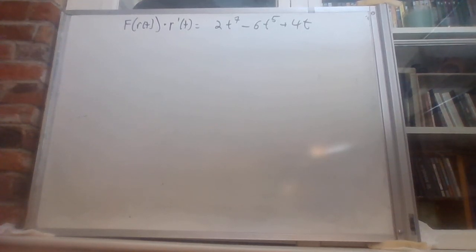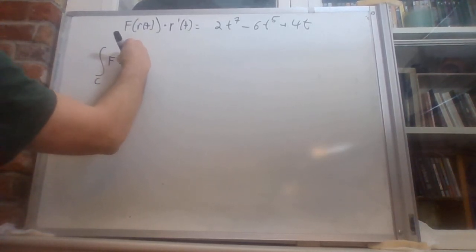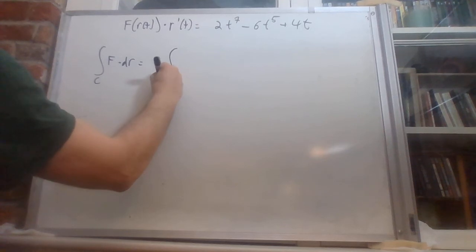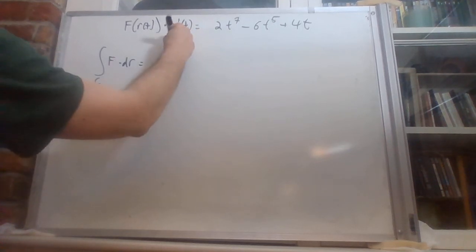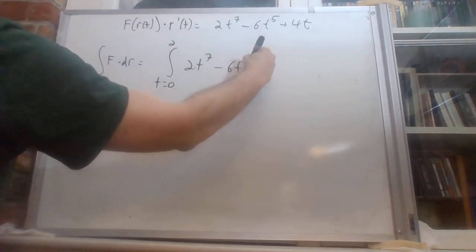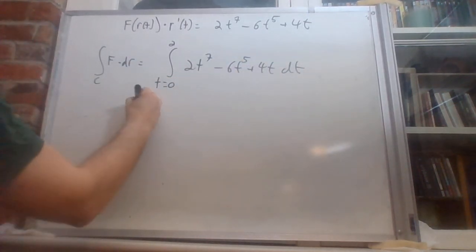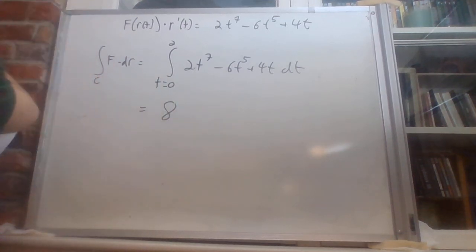This dot product becomes the integrand in our integral. Integral over C, f dot dr, equals the integral t goes from 0 to 2 of this polynomial. All right, and if you work that out, it comes out to 8. So positive work in this case.